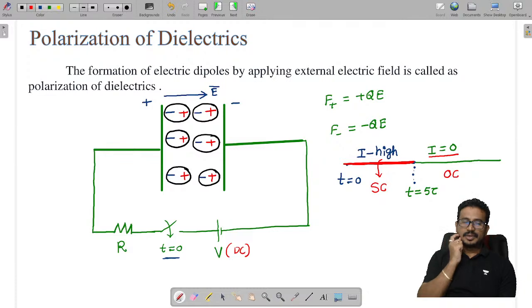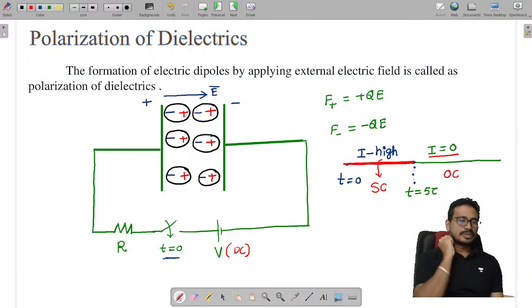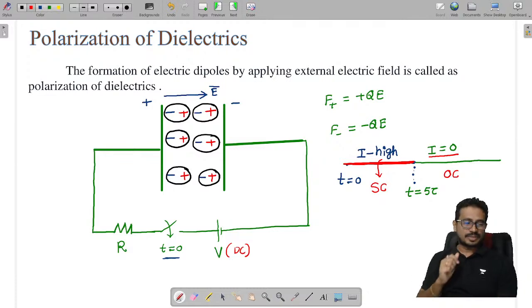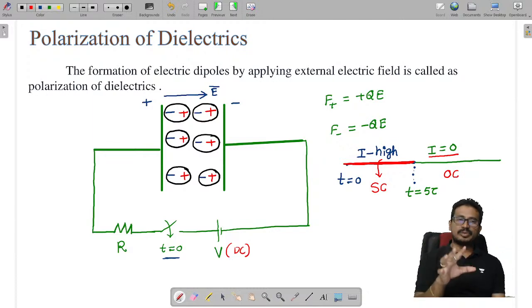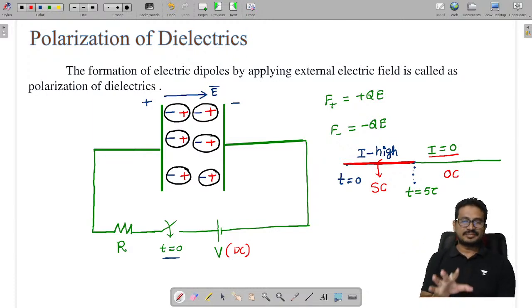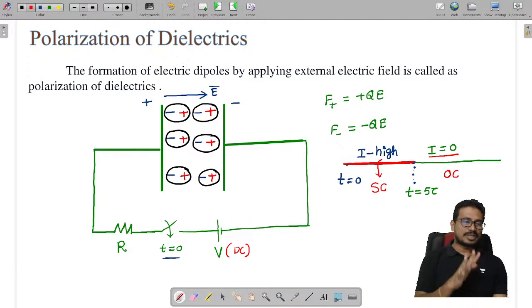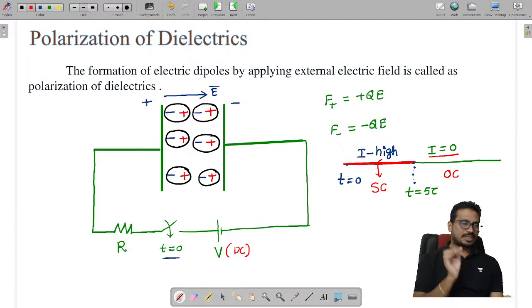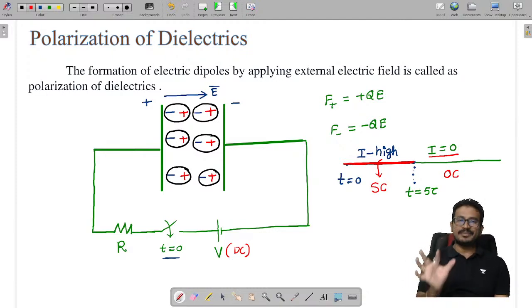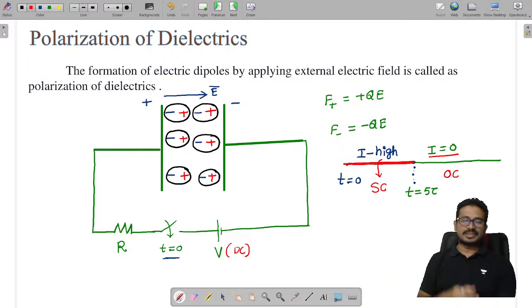Right. So the time constant means the time taken to do a certain activity. Here, you will get to know more clarity in your control system. As of now, just remember that up to some time it will take place.